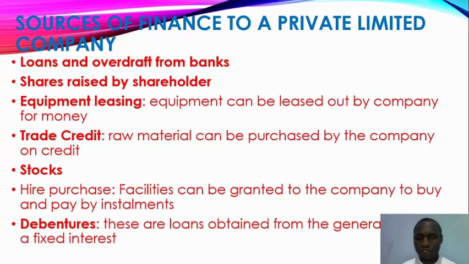Debentures, these are loans obtained from the general public at a fixed interest. Of course, when you borrow money from banks or those who are business inclined, definitely you're not going to pay back the same amount you borrowed. It is going to attract interest. So that is that of the debenture. Remember, I told you debenture is a certificate of indebtedness.